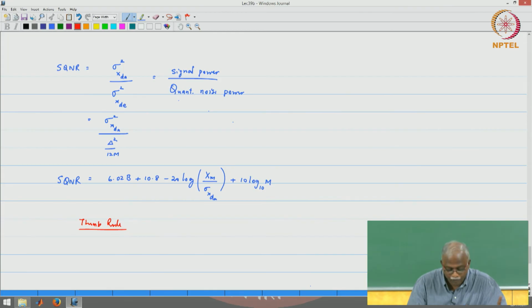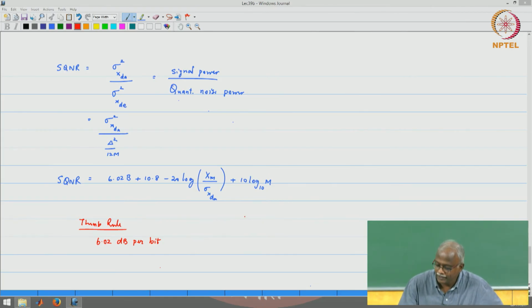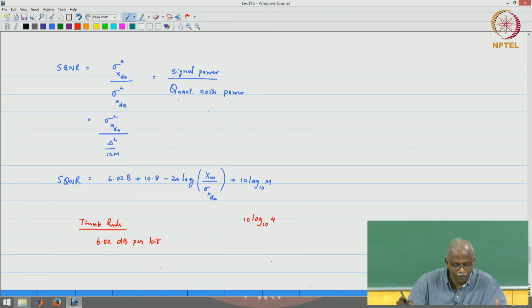The thumb rule, from before we know, is 6.02 dB, or 6 dB per bit. Now, if you look at 10 log 10 of 4, basically an oversampling factor of 4, what will you get? Around 6 dB.